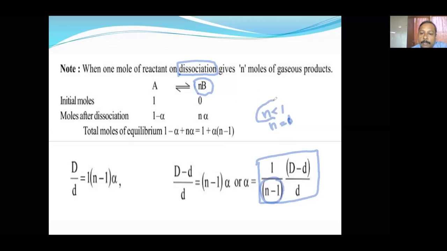So n can never be less than 1 or equal to 1, provided it is dissociation. Dissociation means one mole breaking into 1.5 also okay, 2 moles also okay. So you will never get such a situation. Is that understood? So let us see the next slide.